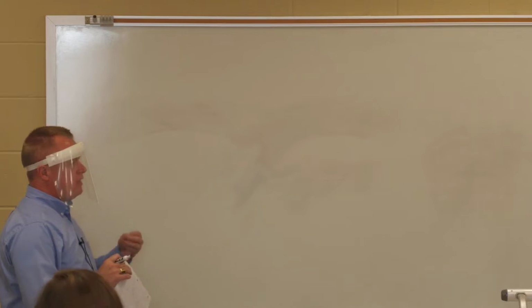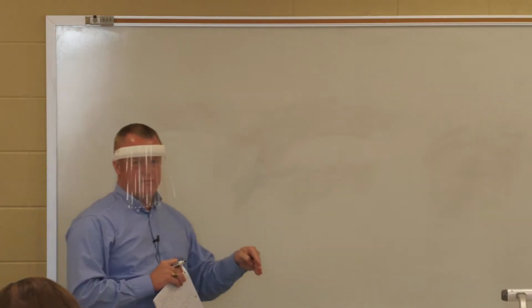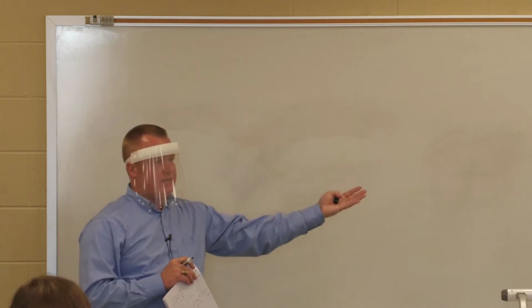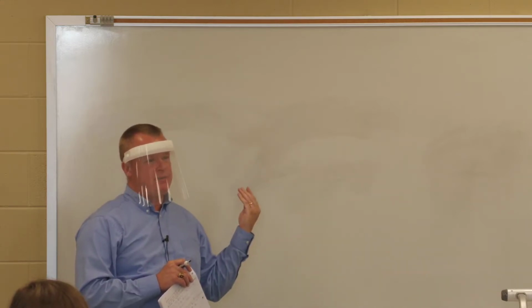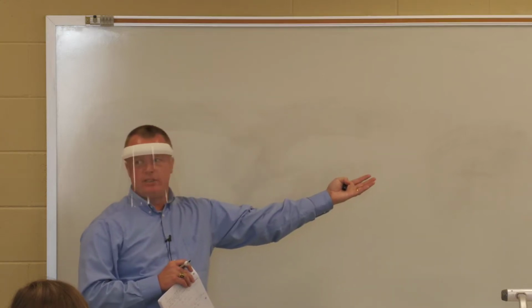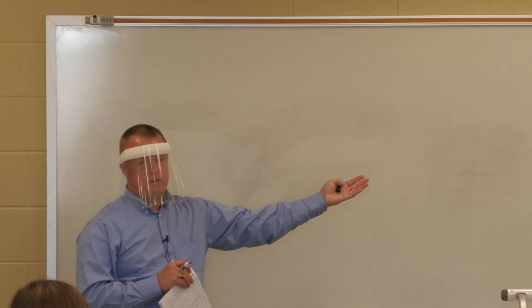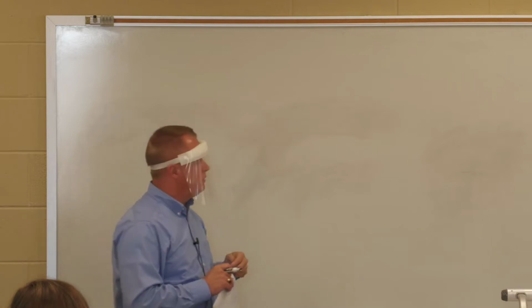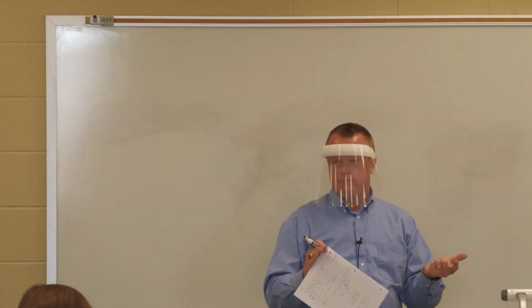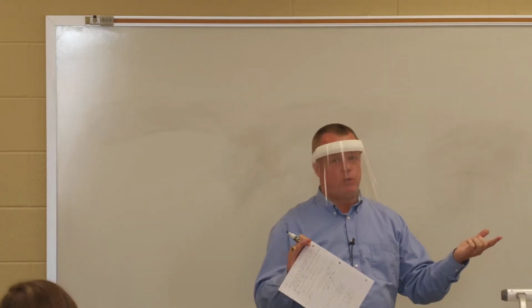Well, always in a function, you've got a dependent variable and an independent variable, okay? So if it's y equals something with x in it, then we say y is the dependent variable. It is dependent on what you plug in for x, which is the independent variable, right? So normally, you're going to take the derivative with respect to the independent variable, and that's what we've done up to this point.